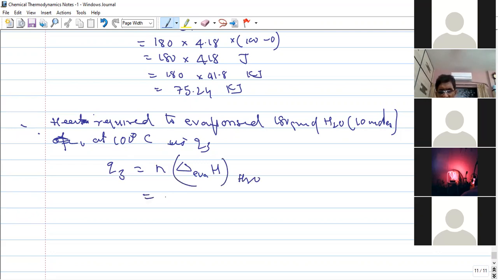This is 10. Evaporation कितना है? Evaporation of water 40.7, and that is equal to 407 kilojoules.